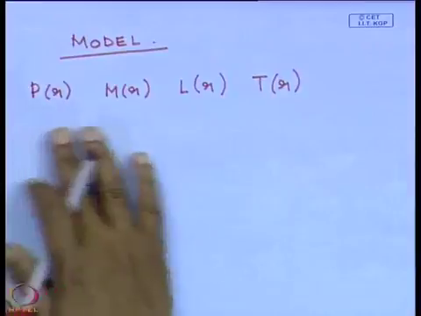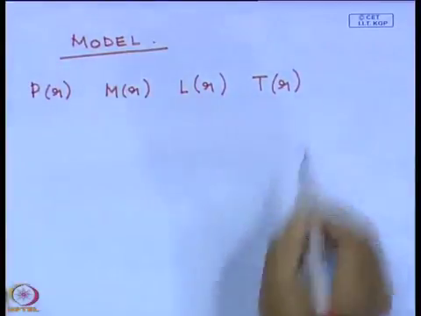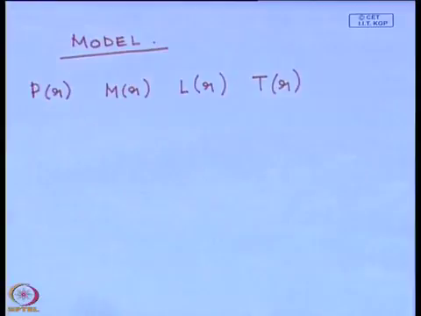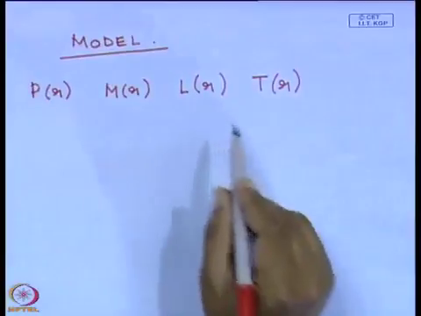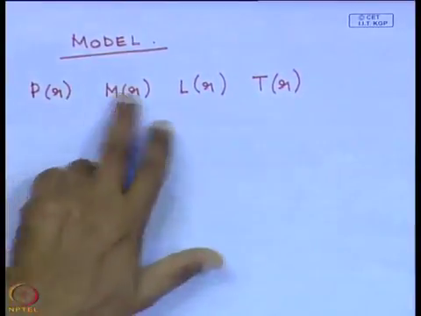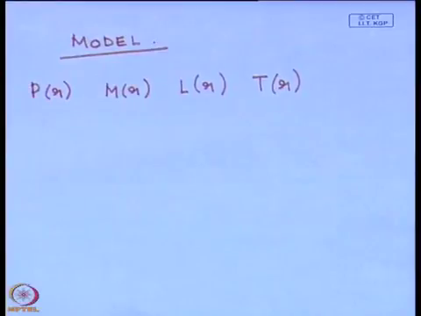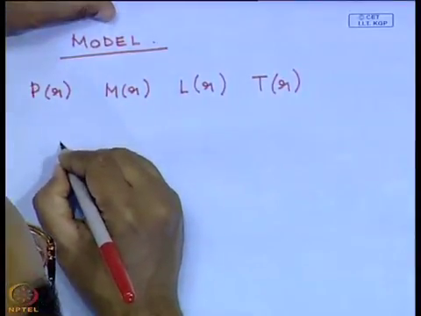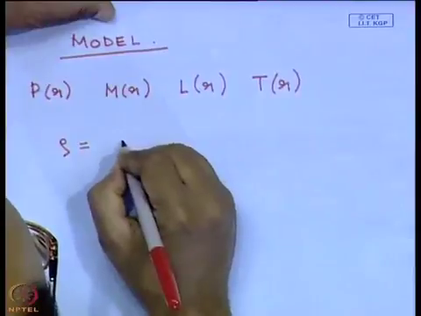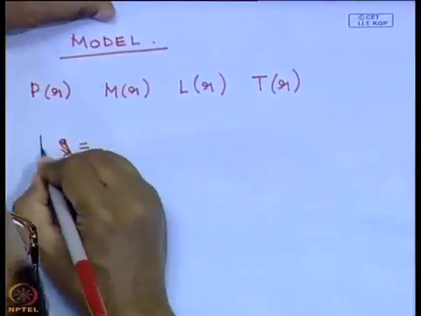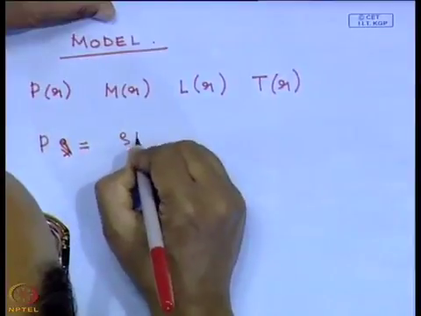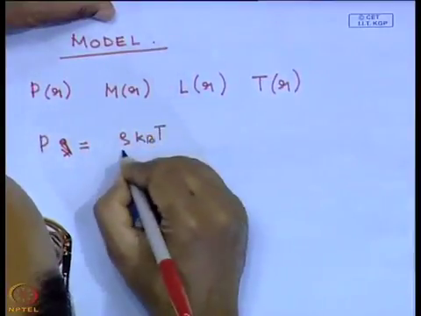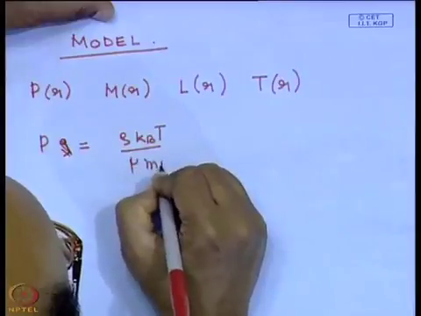Okay. So, we have these 4 quantities and the corresponding equations. We have to simultaneously solve the 4 equations governing these 4 quantities. In addition, we have to provide the equation of state externally.